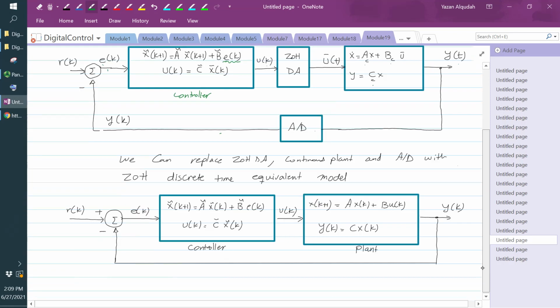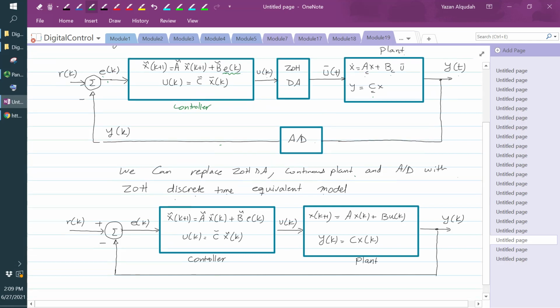Okay. So what we can do is replace the zero-order-hold digital to analog converter and the continuous plant with the zero-order-hold discrete time equivalent model.